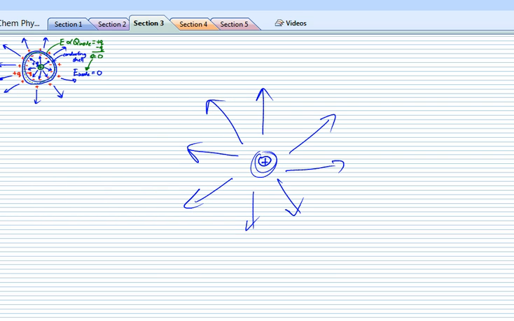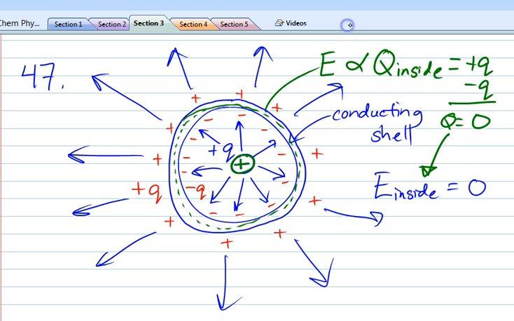The conducting shell really doesn't have anything to do with it. And then finally, what would happen if the charge was reversed? If I had a negative charge surrounded by a shell, it would be the exact opposite. All the field lines would point inwards, and I would have pluses on the inside and negatives on the outside. I'm not drawing the whole thing, but you get the idea.